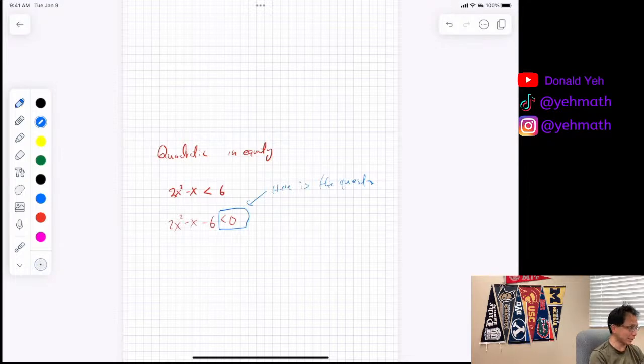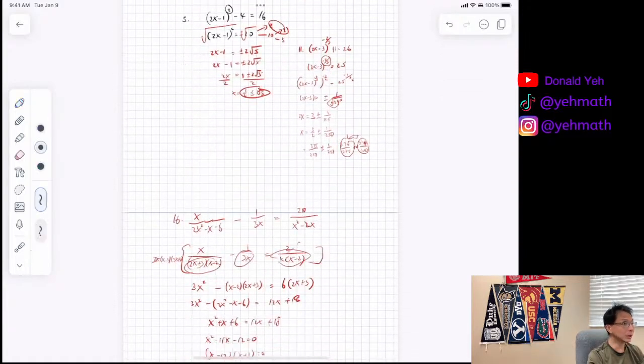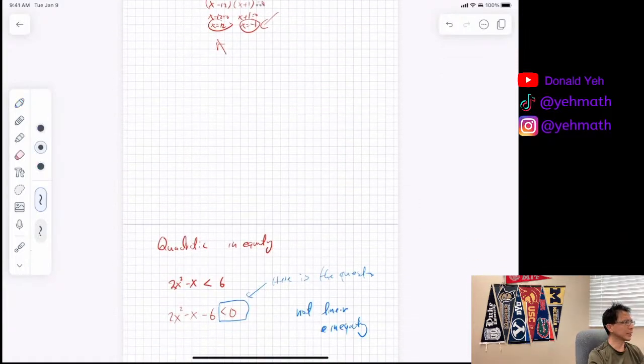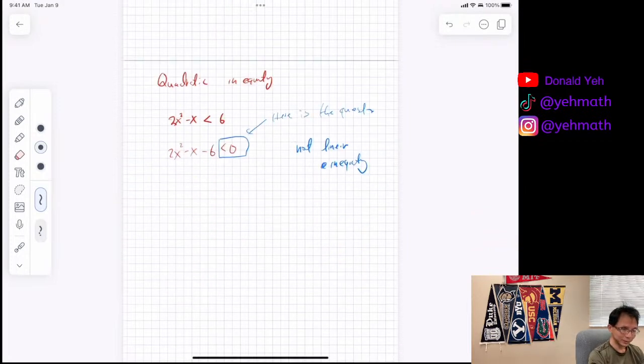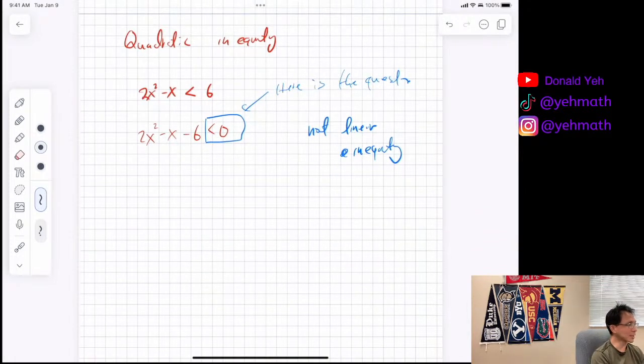It's not a linear inequality, like 2x is less than 5. Not like that. You are required to do a quadratic inequality, which is something called a number line test.